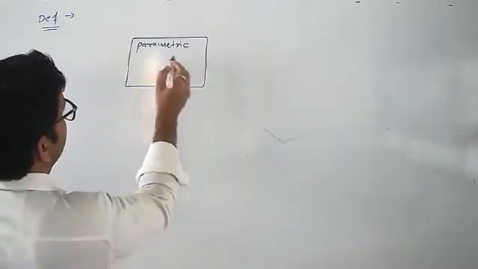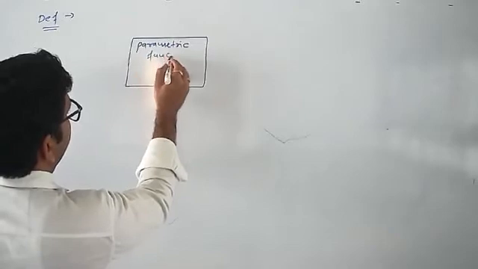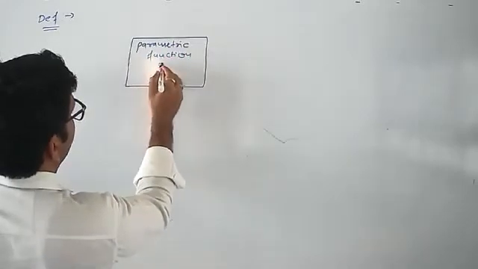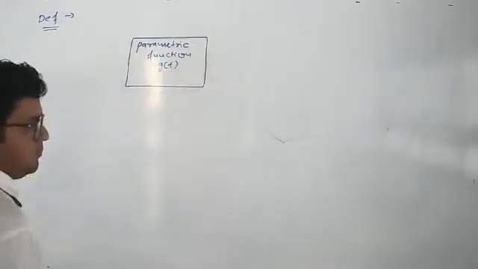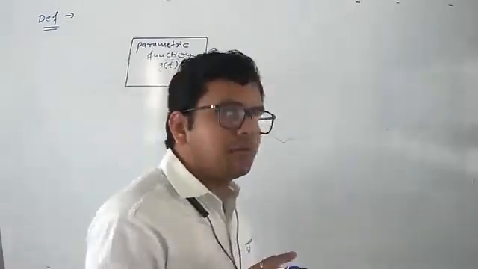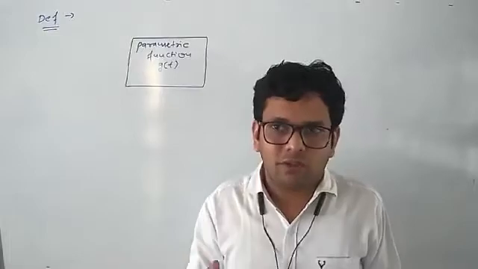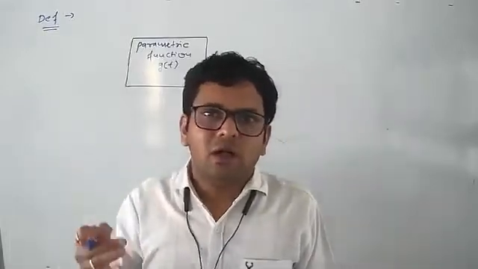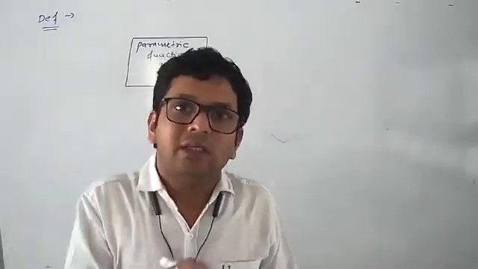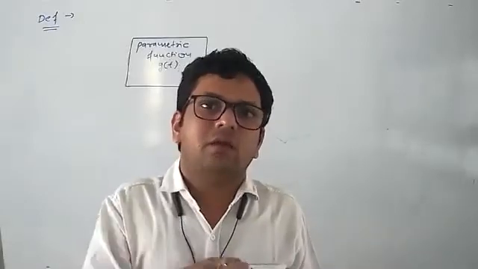Let us consider that the parametric function of the system is indicated by the symbol small g of t. One thing you have to remember: while writing this parametric function, we assume that all the initial conditions of the system are zero.